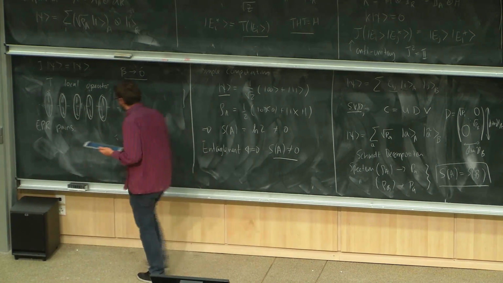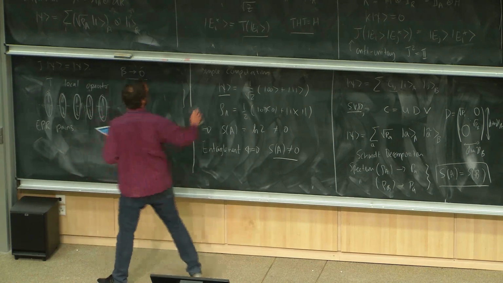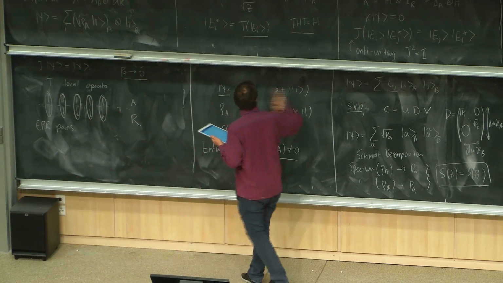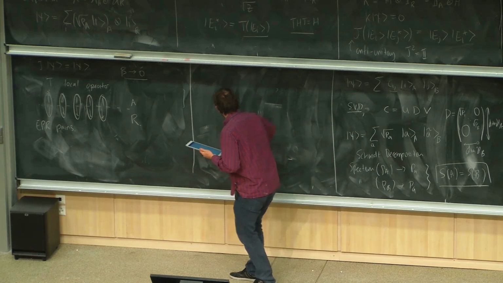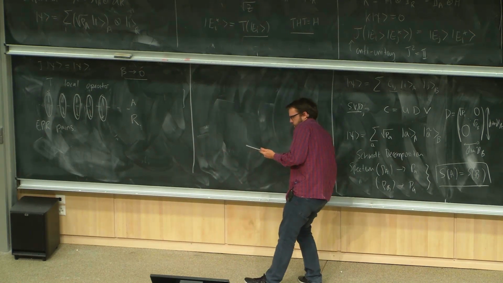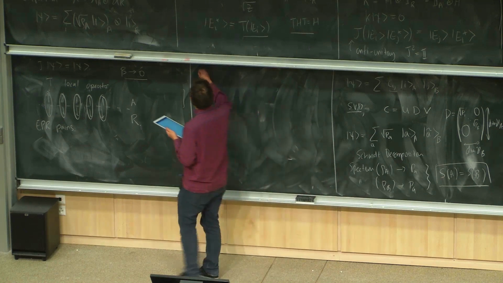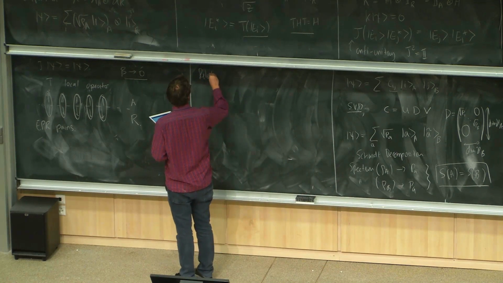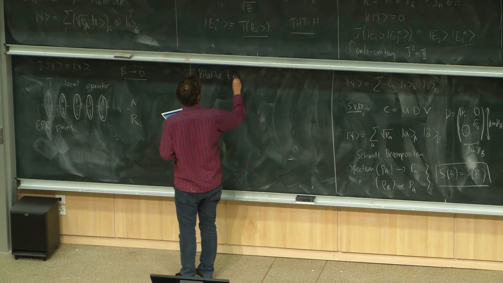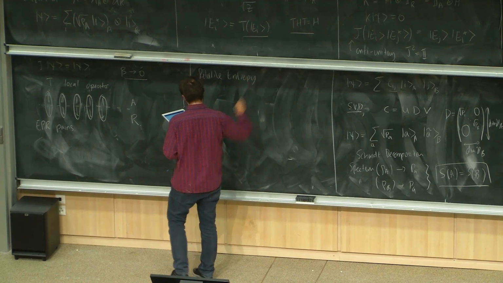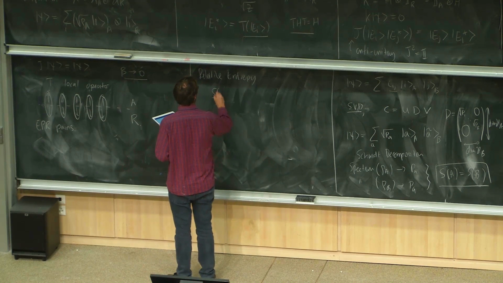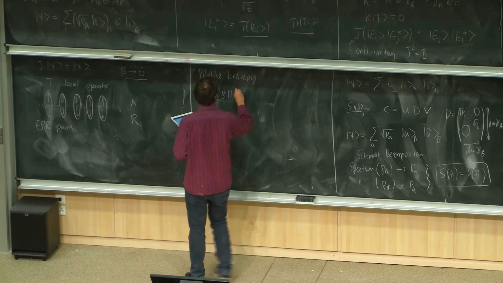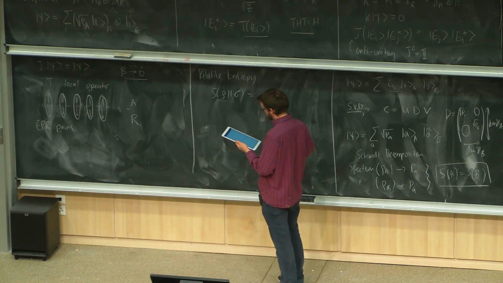So the final topic that I would like to cover in the basics of quantum information is relative entropy. So what is relative entropy? It is a quantity that takes two density matrices, rho and sigma, and spits out a number.